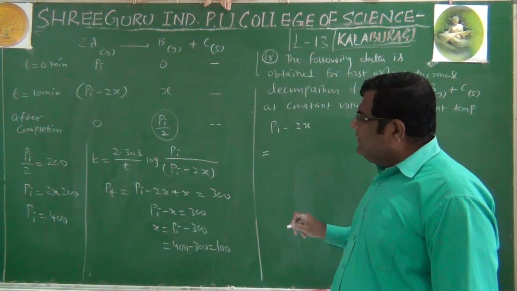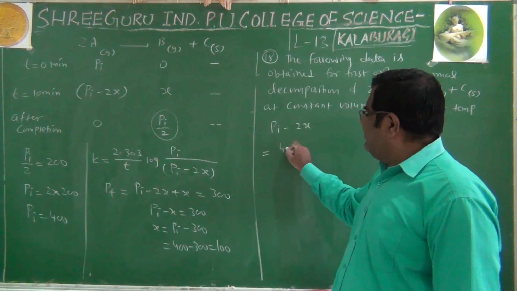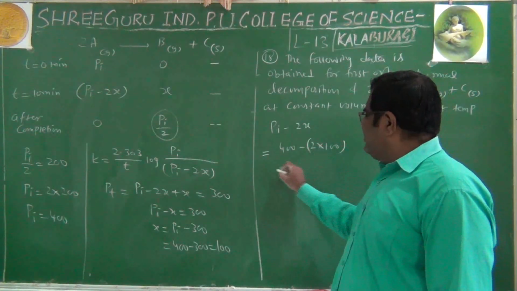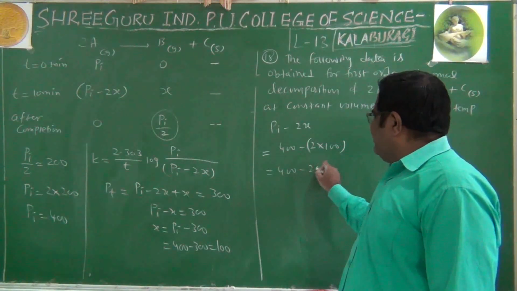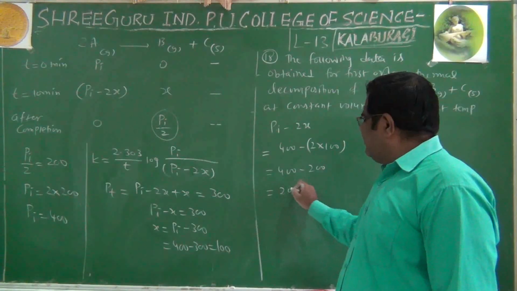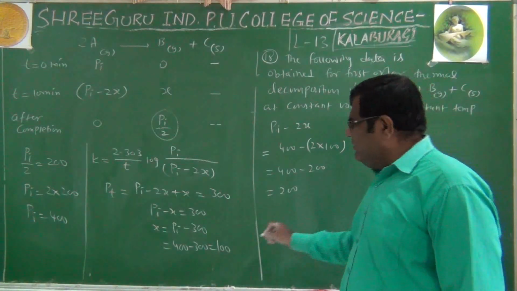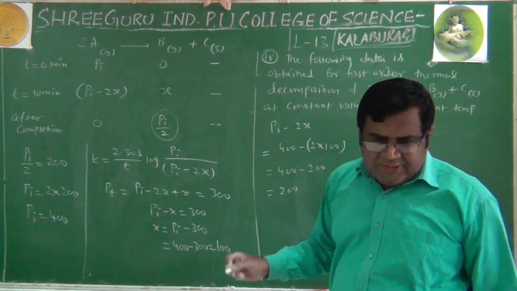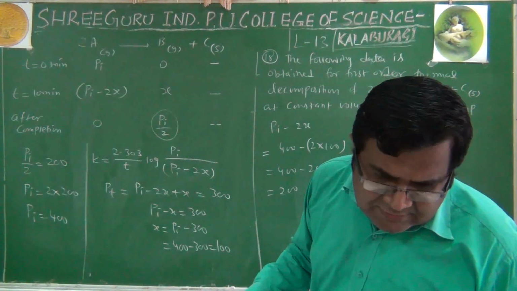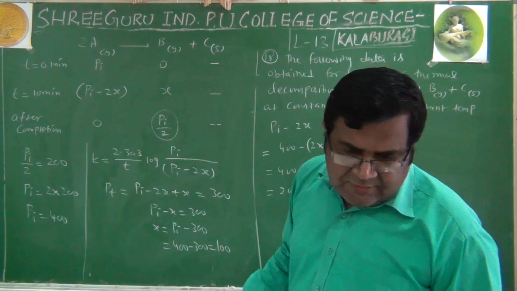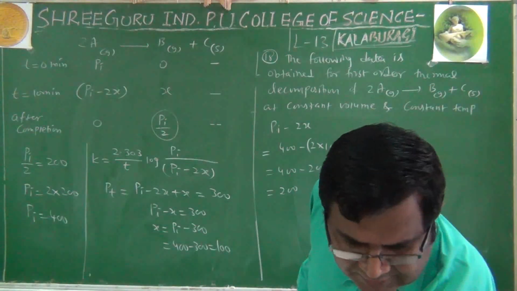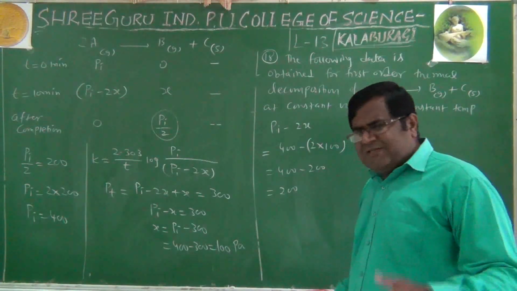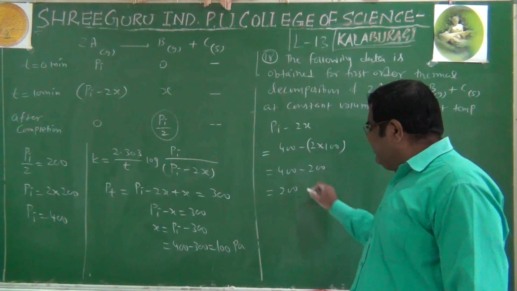The PI is 400 and minus 2x is 2 into 100, so 400 minus 200 is 200. Whatever unit they used, I just checked whether that unit is atm. Yes, that unit is Pascal. So it was in Pascal. That doesn't matter for us. It doesn't matter whether it is Pascal, atm, bar, or millimeter of mercury.